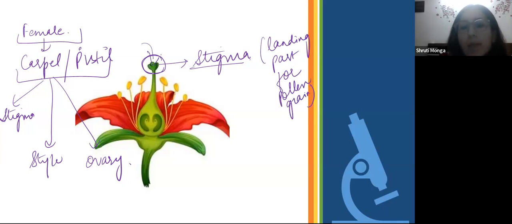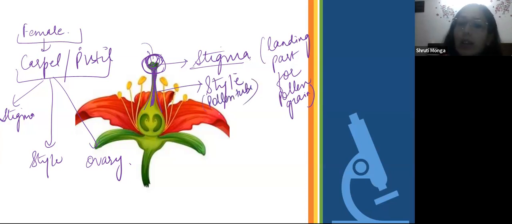From the stigma, you can see a tube-like structure running over here, which is known as style. So when the pollen grain lands over the stigma, the pollen tube starts to form, which runs inside the style. So basically, inside the style, there is a pollen tube which is carrying the pollen grains.